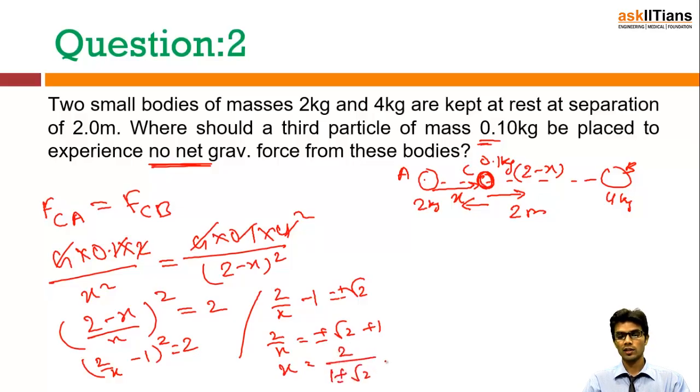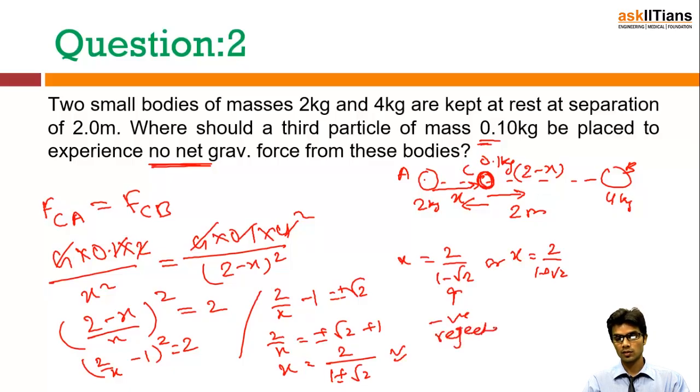Solve this value: x is equal to 2 by 1 minus root 2, or x is equal to 2 by 1 plus root 2. The first is the negative value, so it is rejected, and the second will be the required value. So this is the answer.